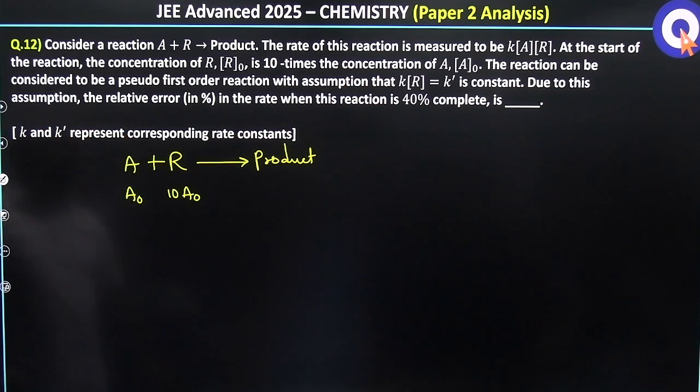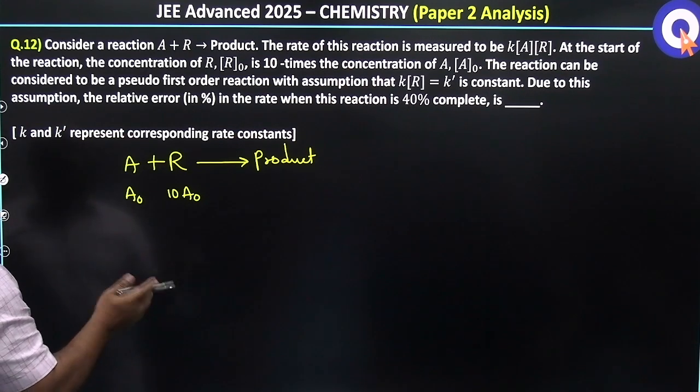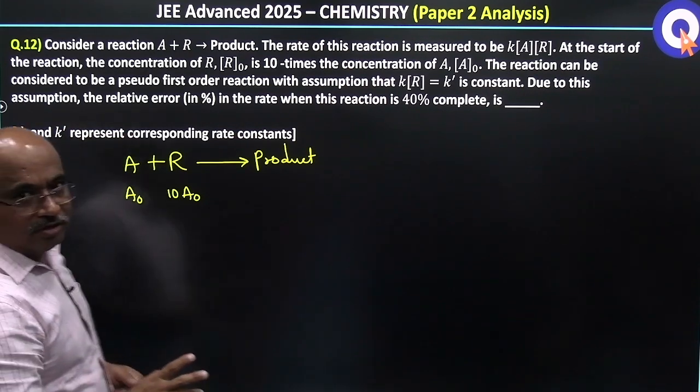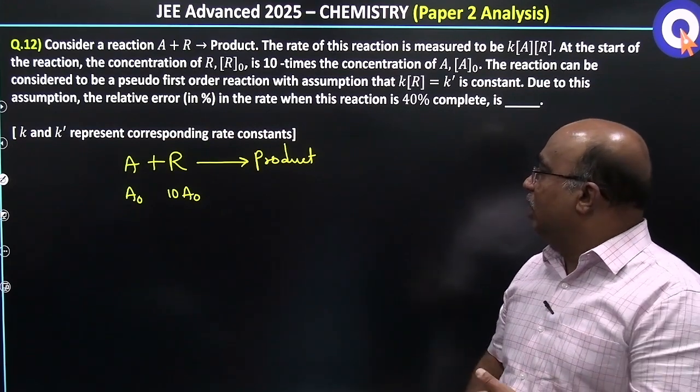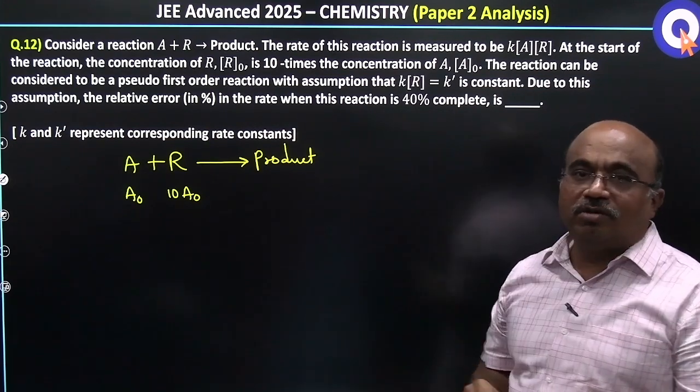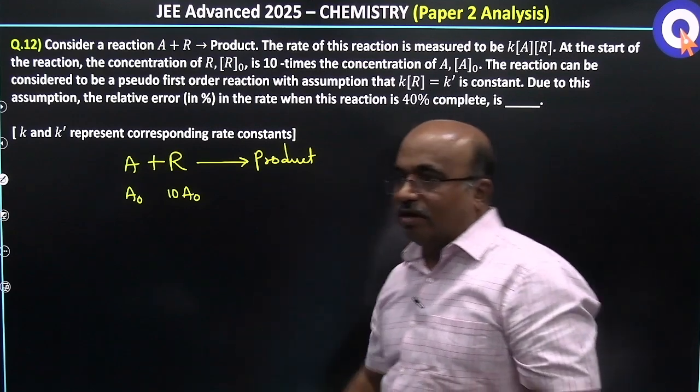When 40% of the reaction is completed, let us do the normal condition and the assumption condition, because with the assumption there is an error. So the relative error he is asking for is with respect to with and without the assumption.